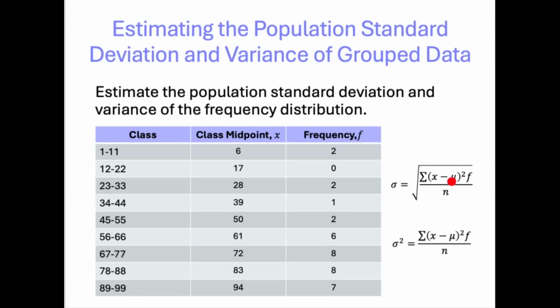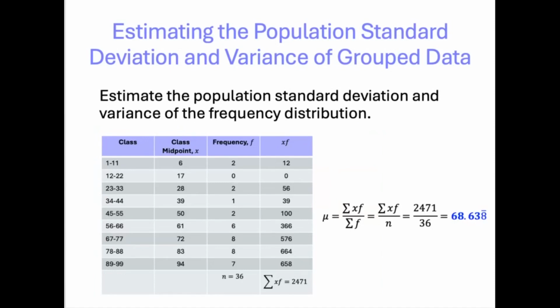Now, lastly, we're asked to find the population standard deviation and variance of the same group data. Notice the difference in our formula. We've got mu, which in this case is the same as the sample mean, x bar, but we're dividing by n instead of n minus 1. Everything else in our formula is the same. So here's the same mean that we had earlier.